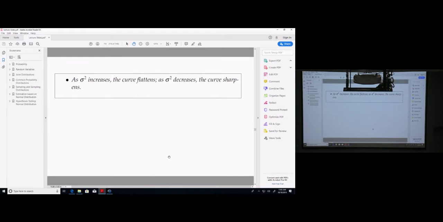So as sigma square, that means as the standard deviation, increases, that means there is more and more variation, because the area under the curve has always to be 1. So the height of the curve has to come down to compensate. I mean, it's expanding sideways.